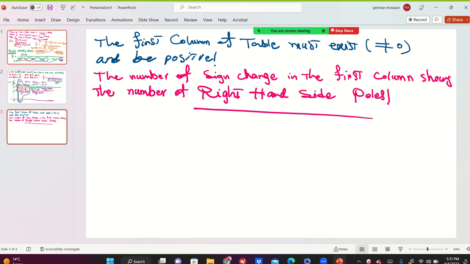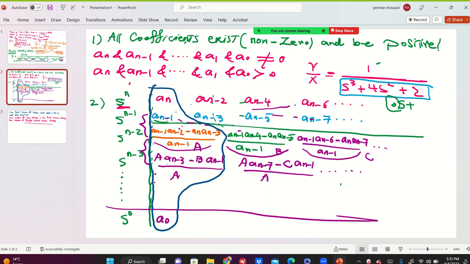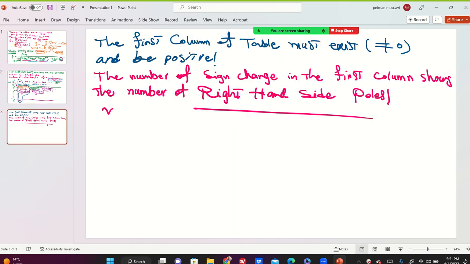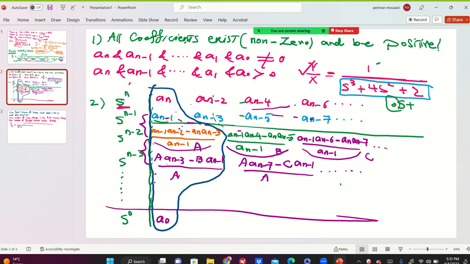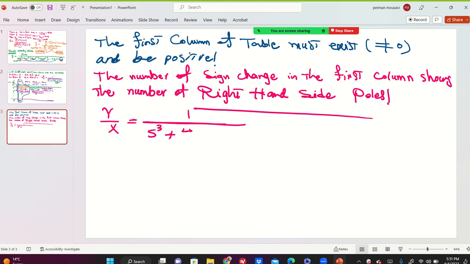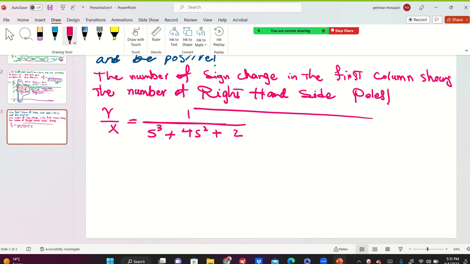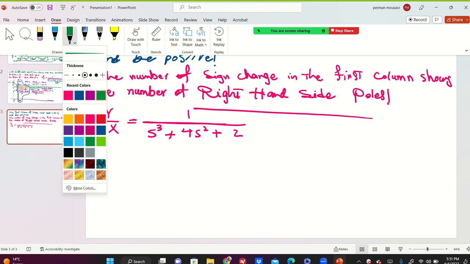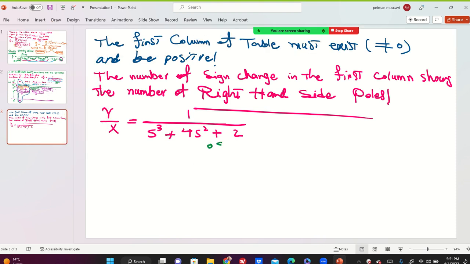Let us start with our previous trivial example. This y over x was 1 over s cubed plus 4s squared plus 2. By just looking at it, you see that it violates the first condition. It's missing s.